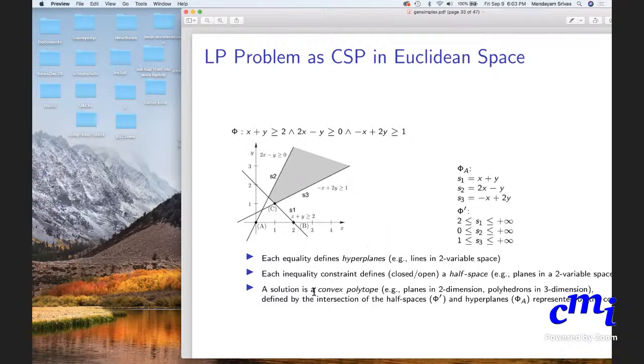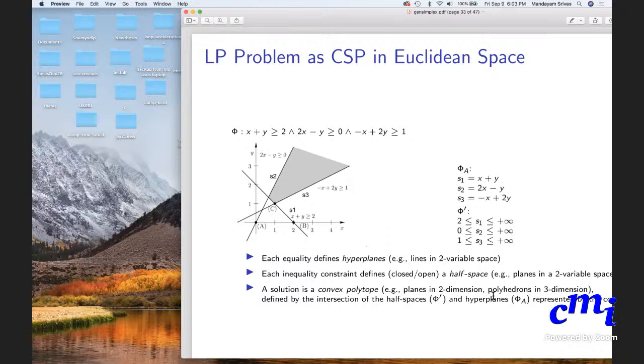So a solution is an intersection of these half spaces, and that is what is usually called a convex polytope.